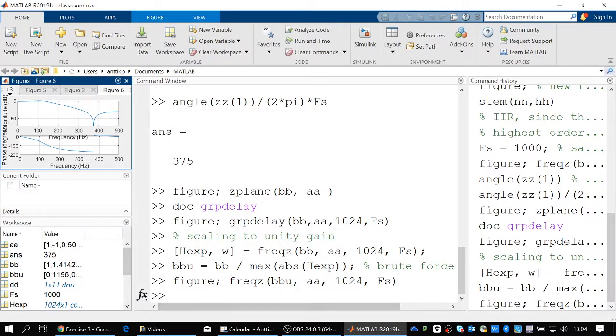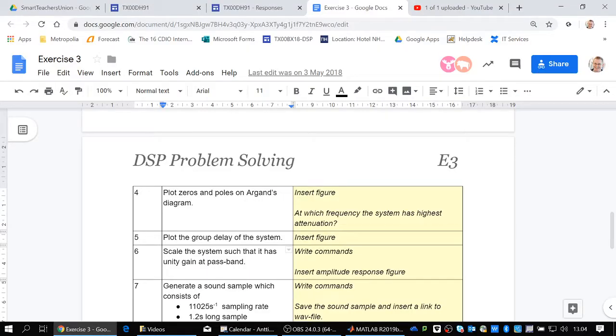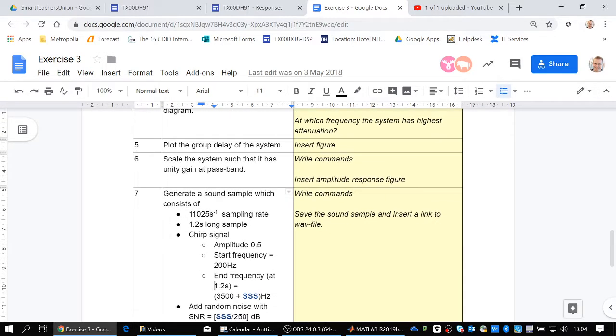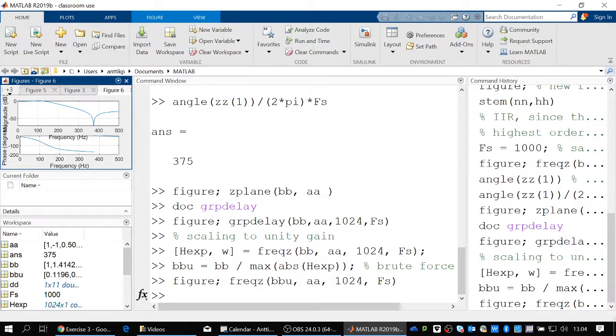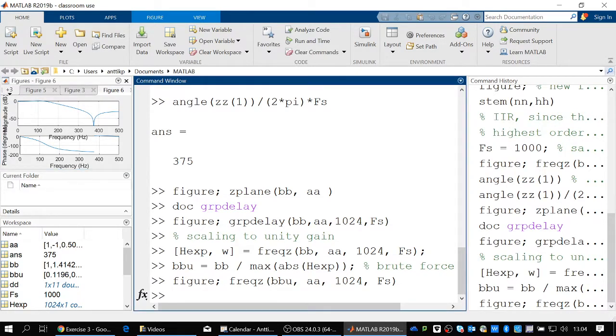There we go. So basically those are the examples from 0 to 6. Interesting. Generate a sound sample, which consists of... the 7th question is actually quite simple. I will just give you a couple of hints on the existing functions.